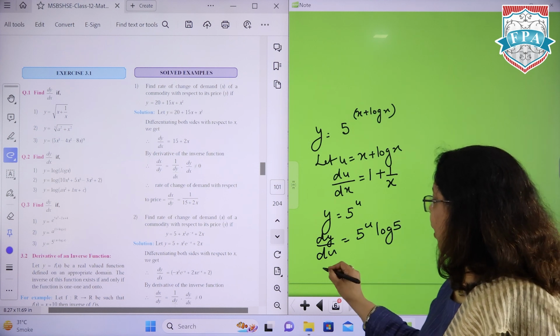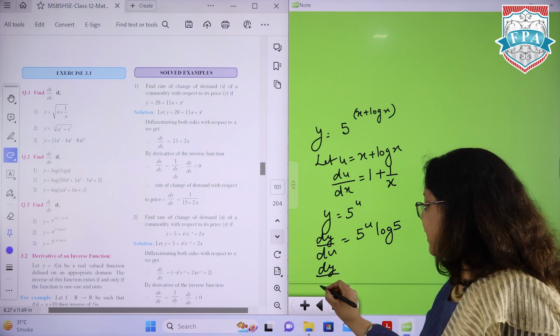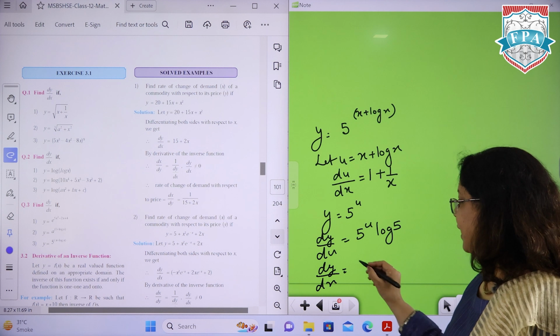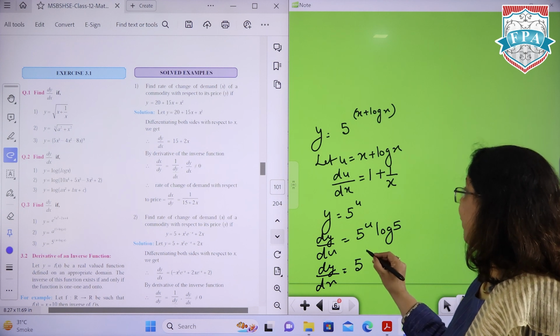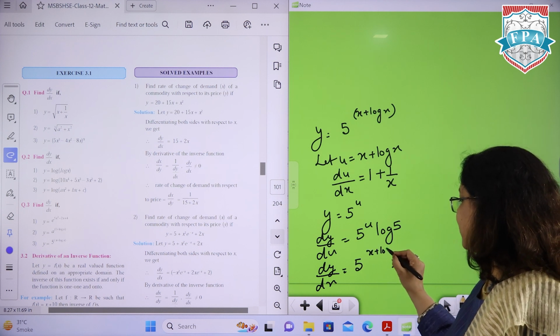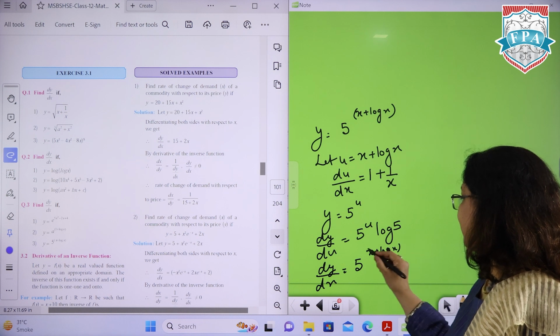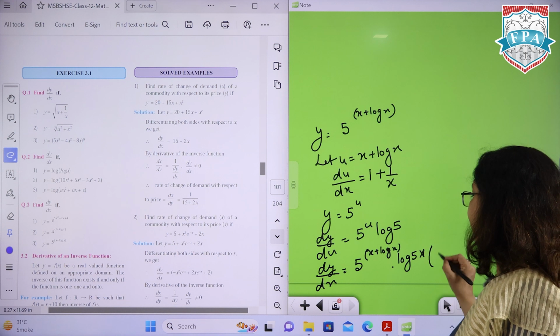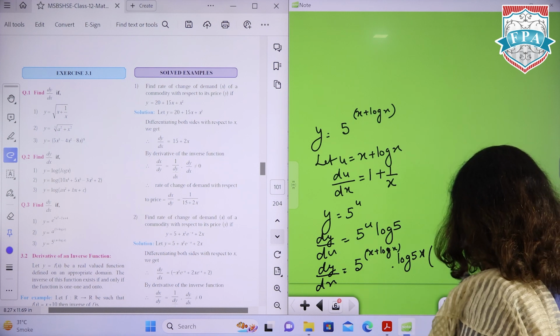So when you actually get dy by dx, it's dy by du multiplied by du by dx, which is 5 to the power of u. Now replace u for the final answer: log 5 multiplied by (1 plus 1 by x).